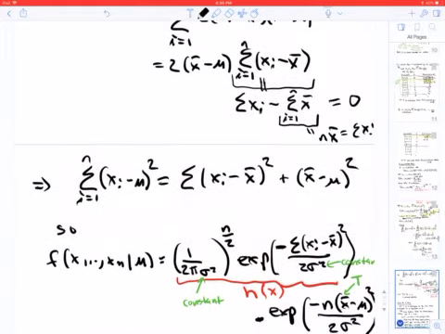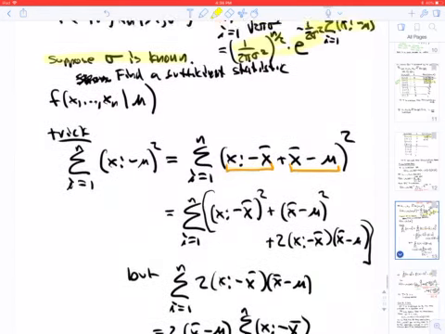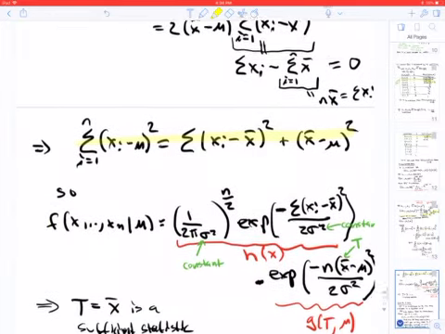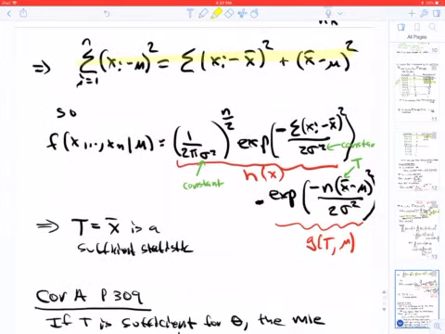Notice that the cross term cancels, and so we have this, which now we can substitute in here, and we get this. So sigma squared is a constant because it's known, so you can think of it as like 5.